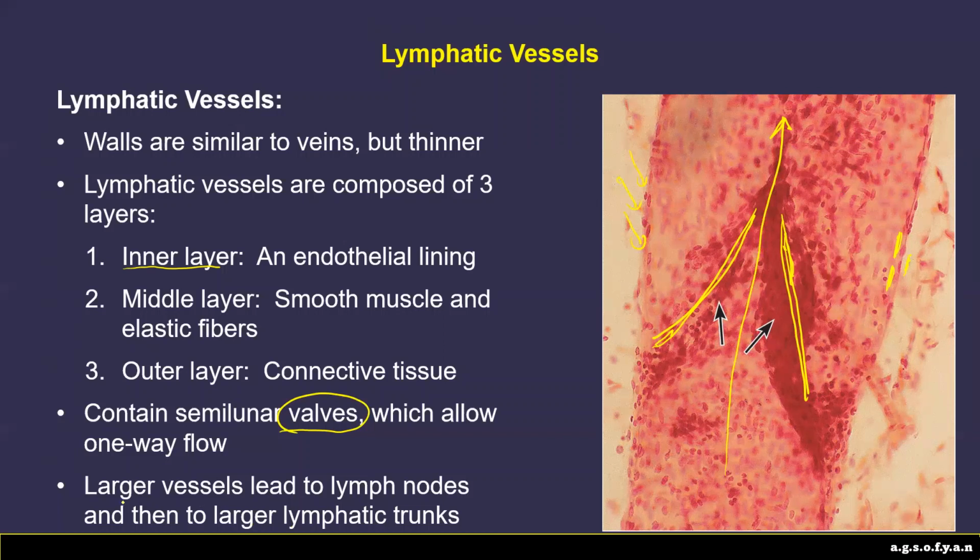Again, the large vessel will lead to the lymph node, and from the lymph node go to the lymphatic trunk. From the lymphatic trunk go to the lymphatic duct, and the lymphatic duct will end in the subclavian vein, left and right, and then finally to the vena cava.